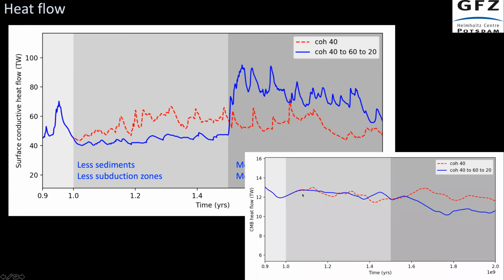Something else to note is that we don't see a big difference in the core mantle boundary heat flow when we increase the strength of the lid, but on decreasing the strength of the lid, we see quite a substantial decrease in CMB heat flow as more subduction zones feed more material down into the lower mantle and kind of insulate the CMB.